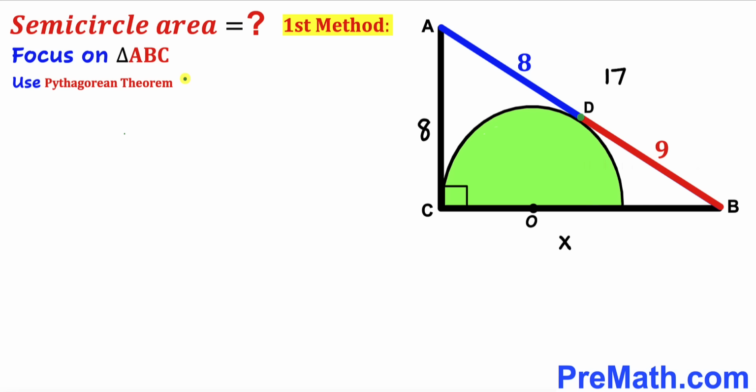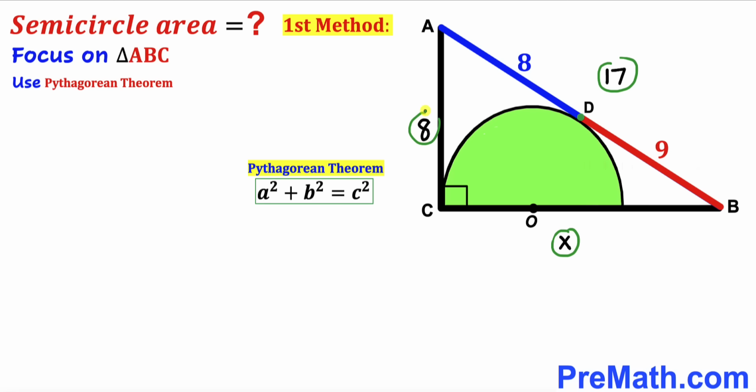So we are going to apply the Pythagorean theorem on this triangle. Here's our Pythagorean theorem: a square plus b square equals c square. In our case, our hypotenuse is 17, whereas our two other legs are x and 8. Let's fill in the blanks in this formula. We have x square plus 8 square equals 17 square.